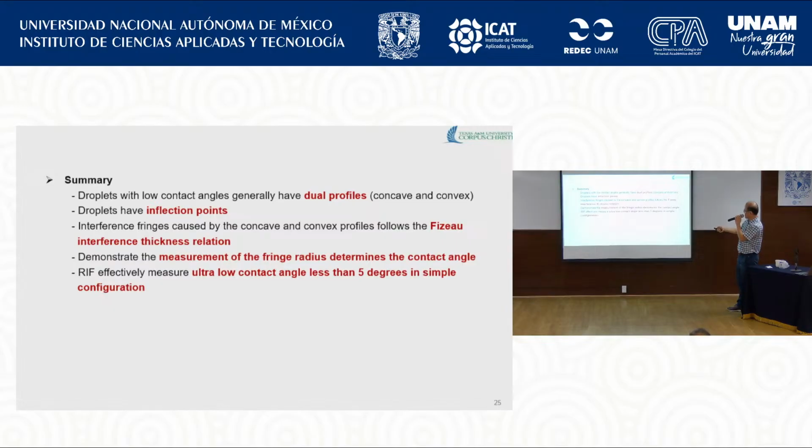We also showed that the relation is like the phasor interference thickness relation. We also showed that contact angles can be measured by fringe radius determination, and this technique is very good for very small contact angles, less than 5 degrees. This is now my first talk.